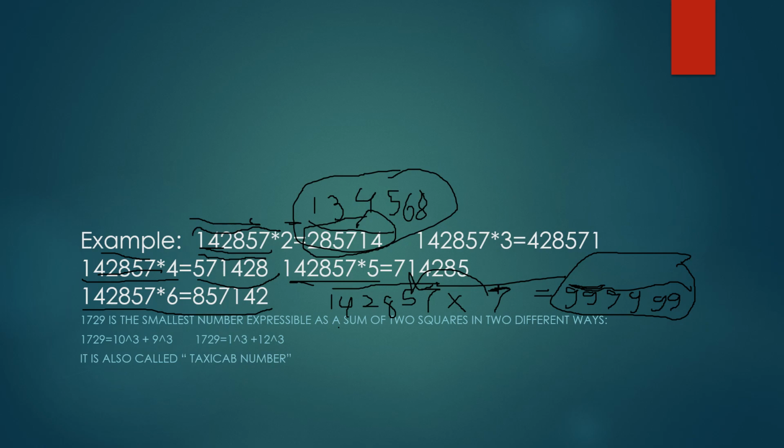So cyclic numbers show the permutation of their digits only when multiplied by the numbers all the way from 1 up to its number of digits, which was 6 in this case.